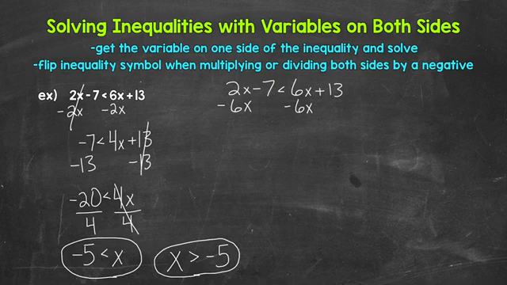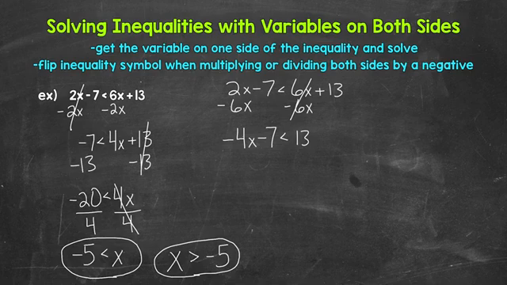As far as the right side, these cancel each other out. So we are left with 13. And then on the left side, we have 2x minus 6x. That gives us negative 4x. And then we have minus 7. Now we have the variable on one side of the inequality.